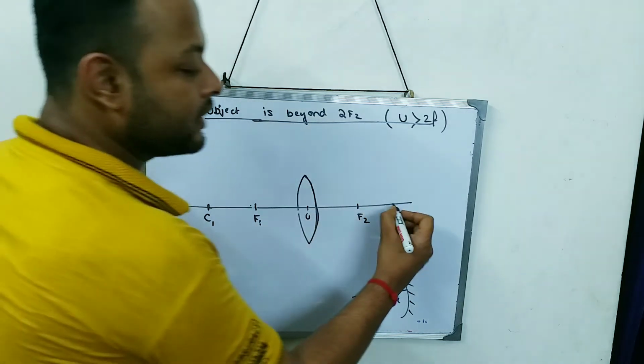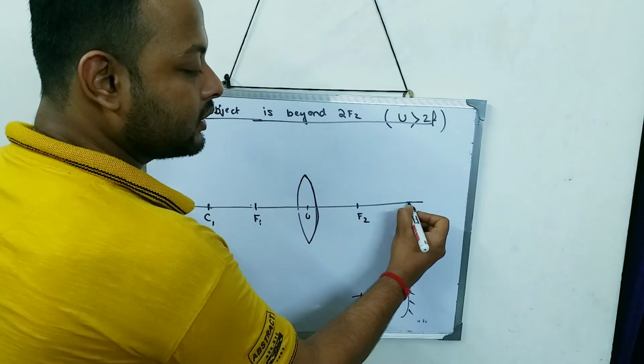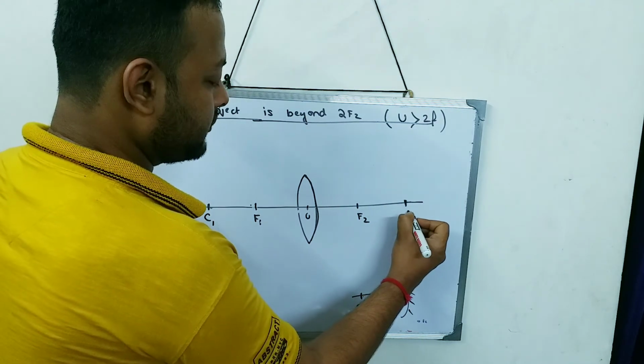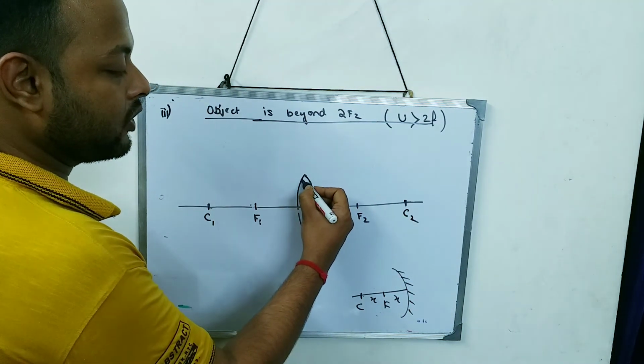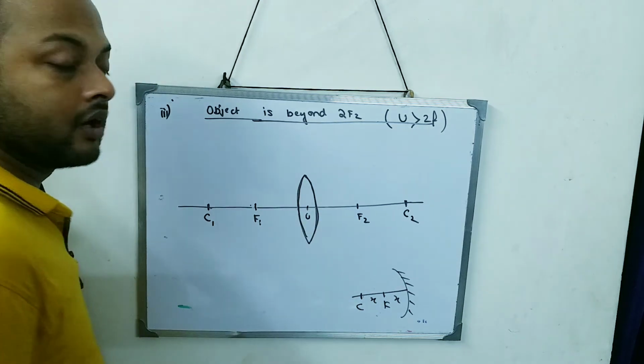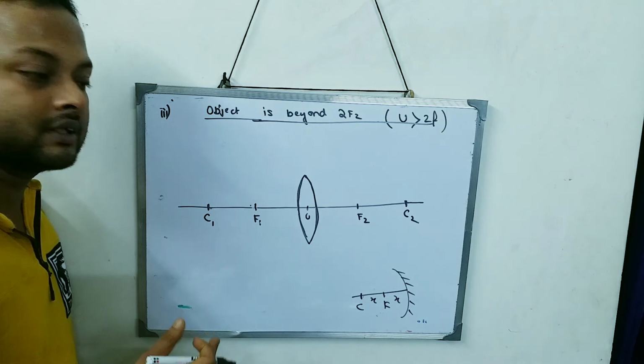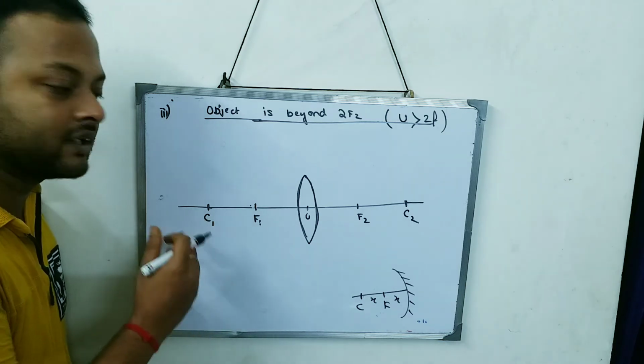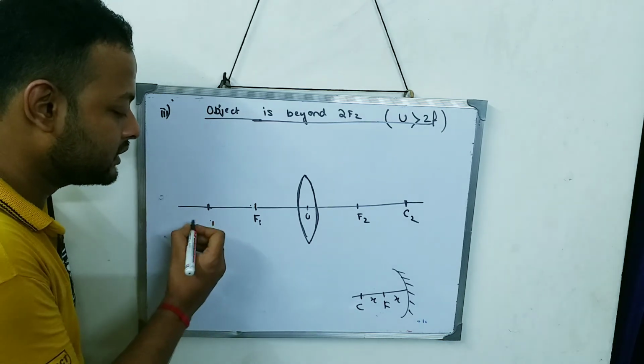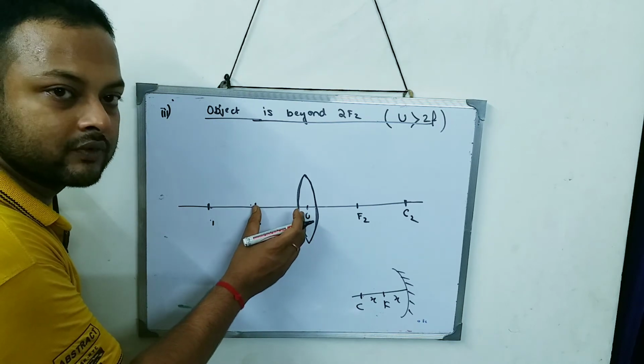And on the other side also we do the same thing. We take the center of curvature C2 of this surface. But generally we don't express that as center of curvature, we express that as twice the focal length.